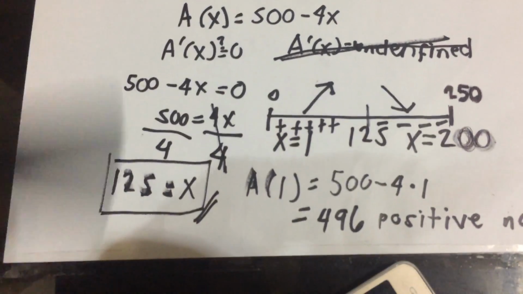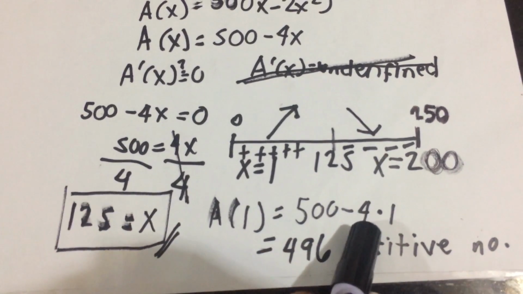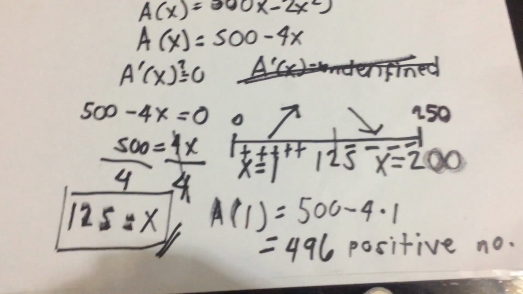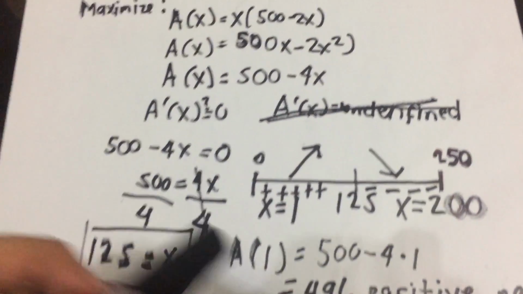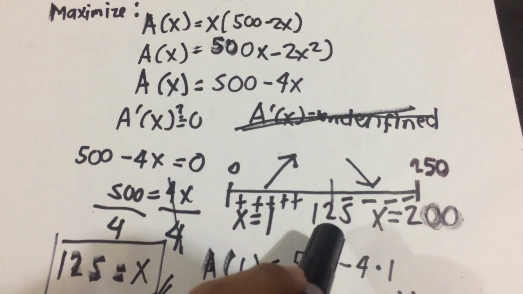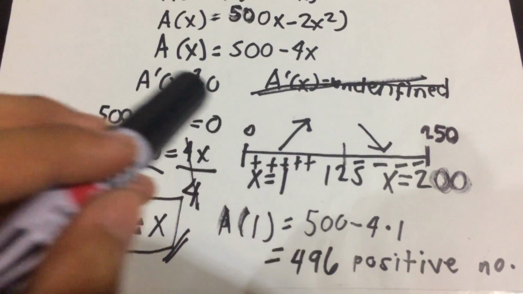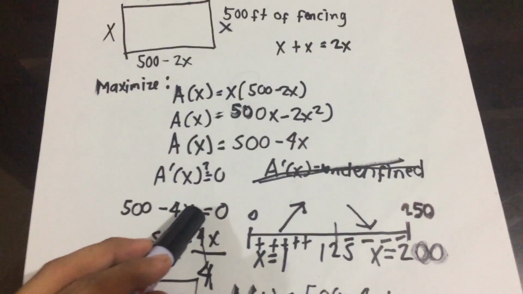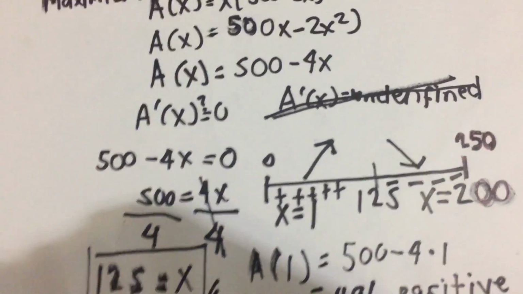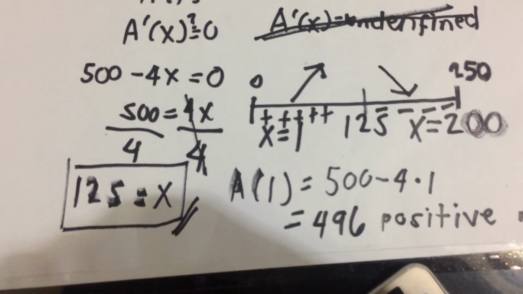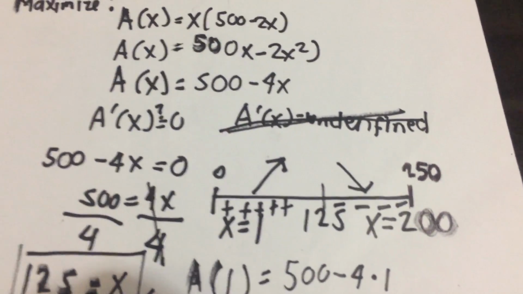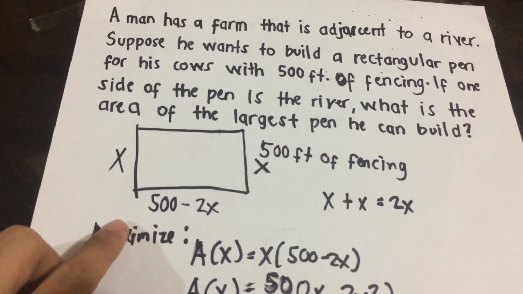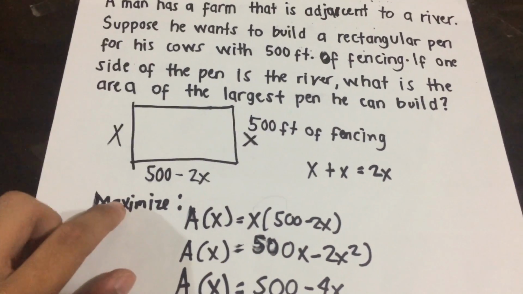We got that 496 because we got 500 minus 4, and now we have a positive number here. So notice we can make x bigger.